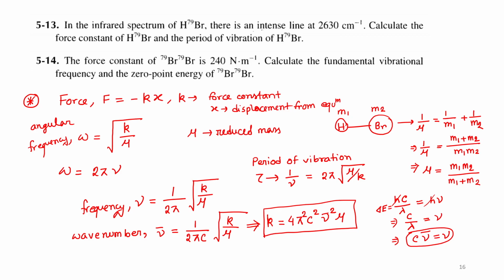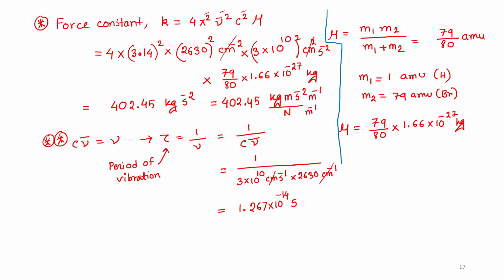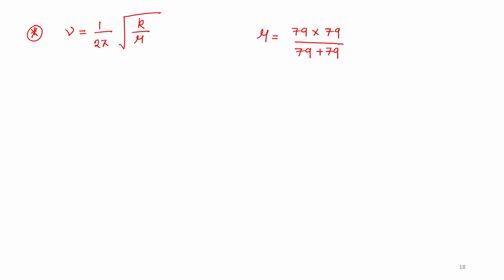I just have to do the reverse thing. So my nu was 1 by 2 pi root of k by mu. My mu is now 79 into 79, below it 79 plus 79 AMU.